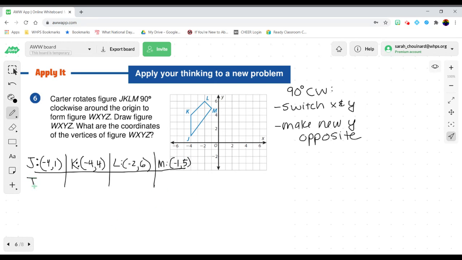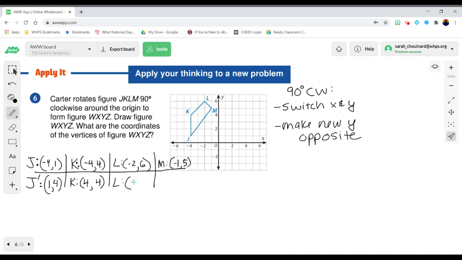Okay, so J prime, new J, is going to switch X and Y and make the new Y opposite. So 1 stays the same, -4 becomes opposite, +4. Switch X and Y, new Y becomes opposite, so it's +4.